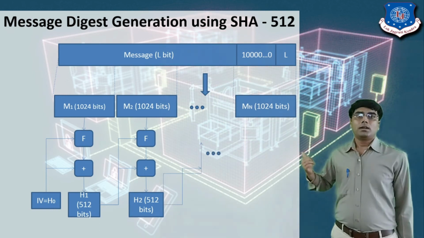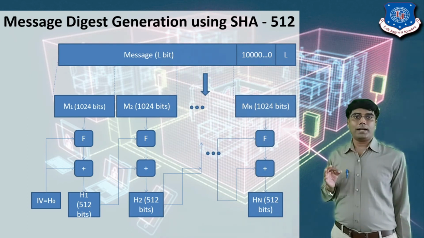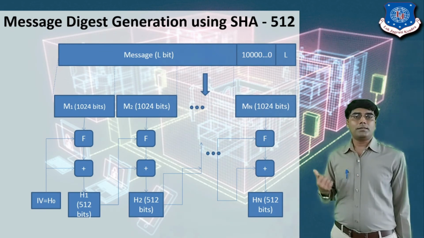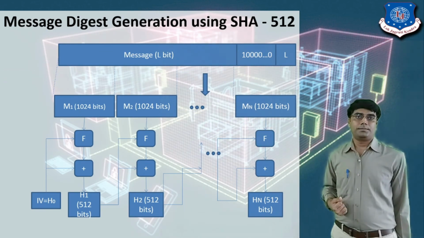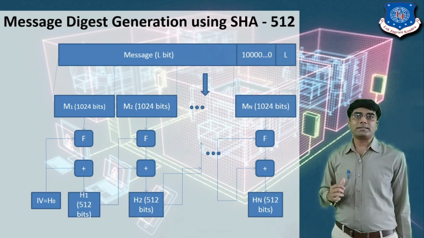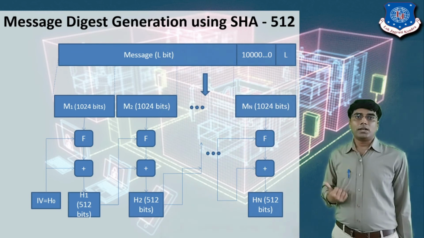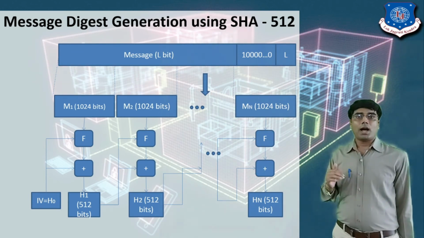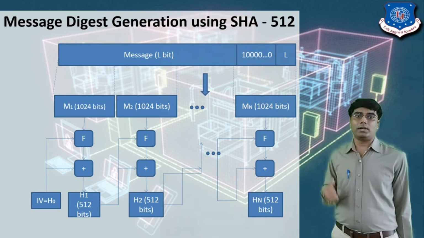Repeat this process until the final block is processed, and the final block of hash code has a size of 512 bits. So this is all about the message digest generation using SHA-512. This is the simple overview of how to use the function in each and every round.